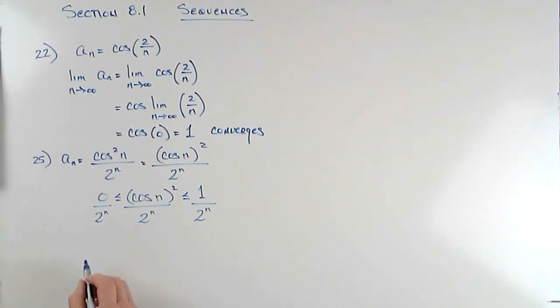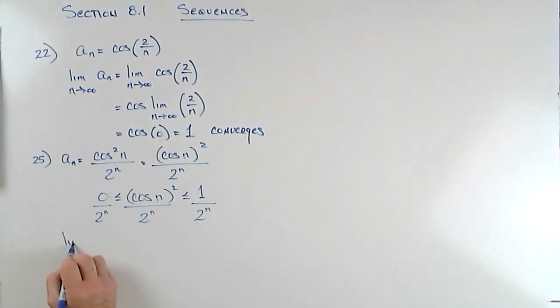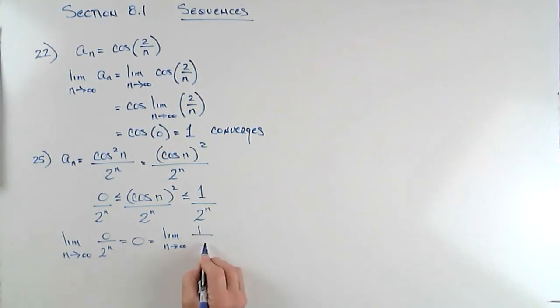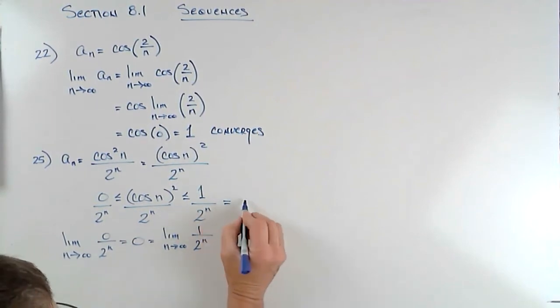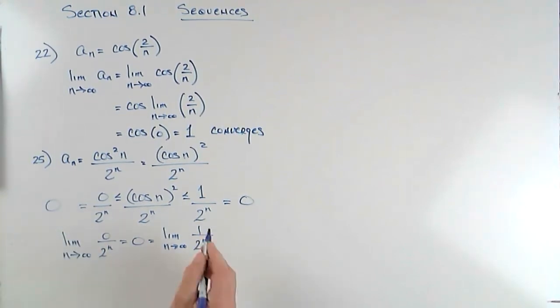So when we take a look at the limit of this function and this function, the limit as n goes to infinity of 0 over 2 to the n is equal to 0, which is also equal to the limit as n goes to infinity of 1 over 2 to the n, because 1 over 2 to the n is 1 over infinity. That's also 0. So this is 0, and this is 0 when we take their limits.